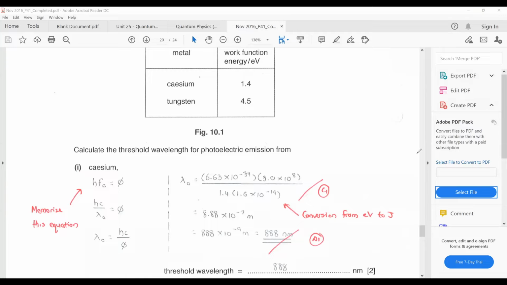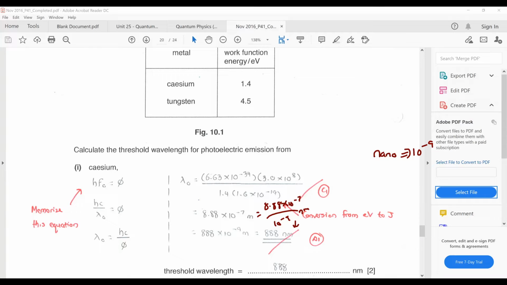You can use nano is 10 power minus 9. To change to nano, there's an easy way from AS. Last time I mentioned 10 power minus 7 divided by 10 power minus 9, you get nanometer. I think it's easier to just divide by the prefix, and you get the answer.